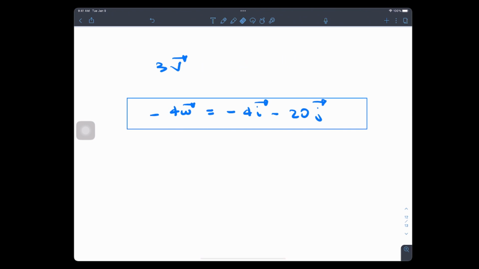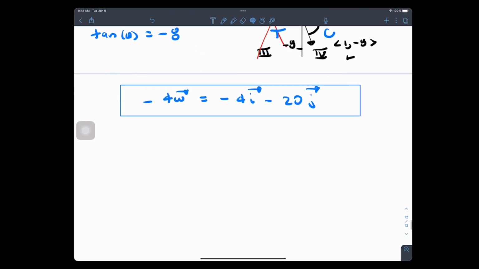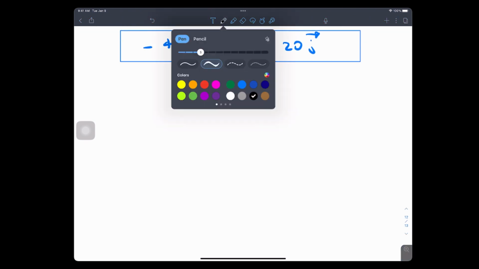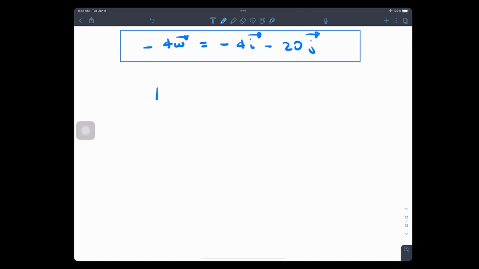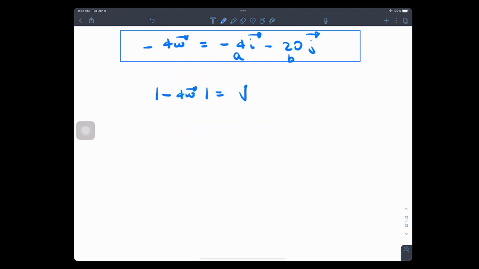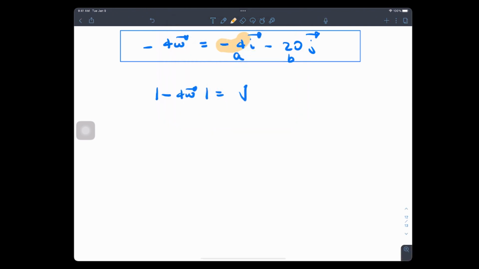Because as you do some homework and work with some of this stuff, you might say, Mr. Judge, I have a problem. Look at this example now. We can get the magnitude of negative 4w by saying, again, here's my A, here's my B. Negative 4, what's this?